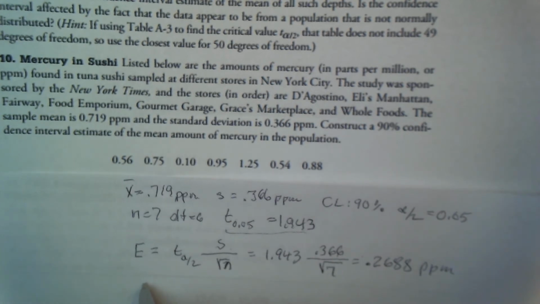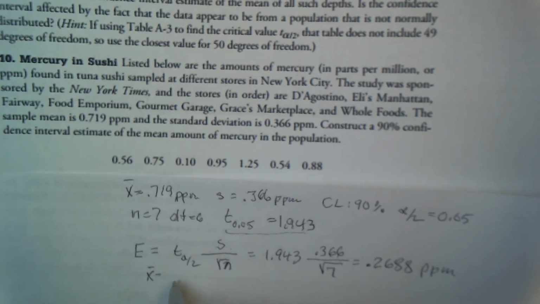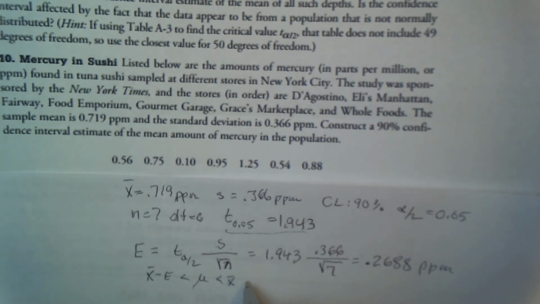And so our confidence interval for this true population mean would be x bar, the sample mean, minus the margin of error, and x bar plus the margin of error.